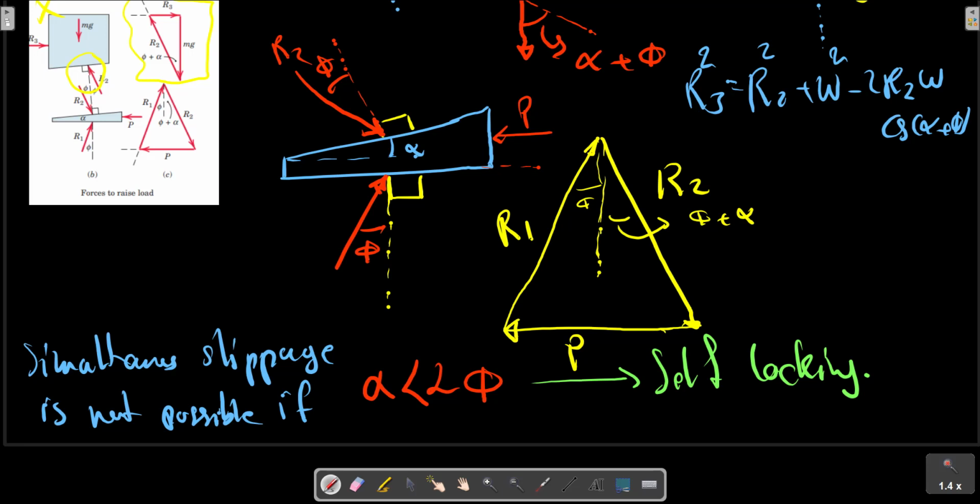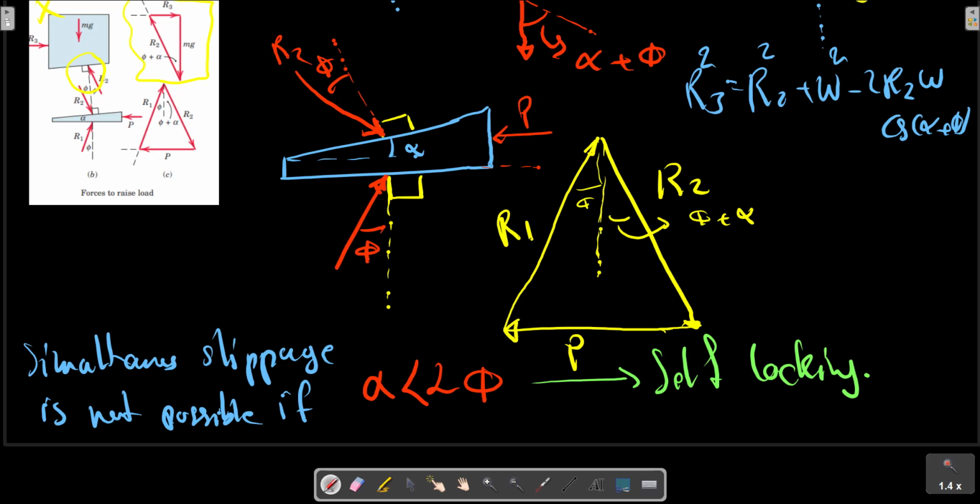So we can provide a picture. If the wedge is self-locking and is to be withdrawn, a pull P on the wedge will be required. To oppose the new impending motion, the reactions R1 and R2 must act on the opposite side of their normals from those when the wedge was inserted. The solution can be obtained as with the case of raising the load.